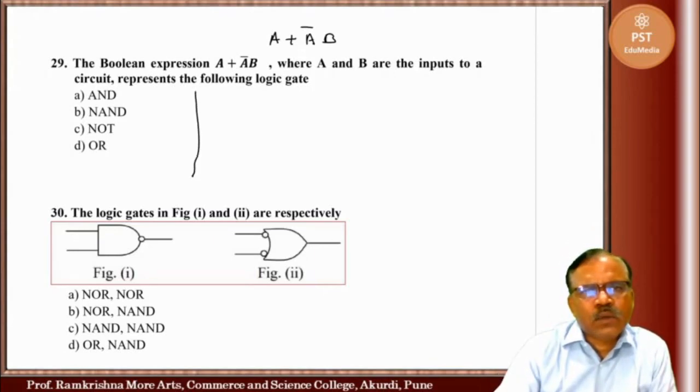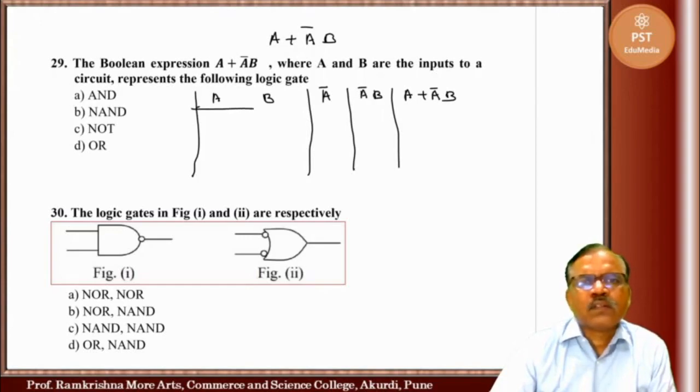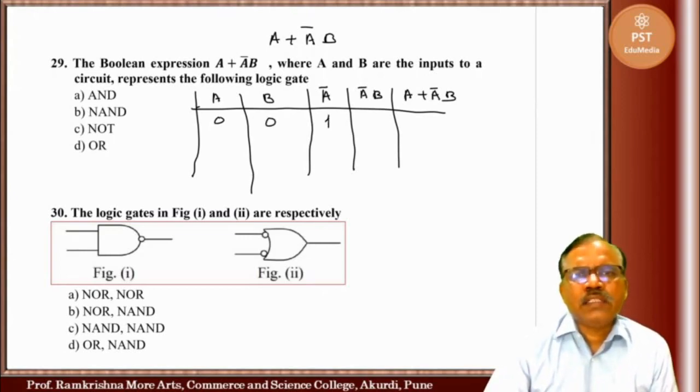So we will take the truth table. A, B, then we will take A bar B, and then A plus A bar B. So we take first 0, 0, A bar is 1, A bar B is 0.